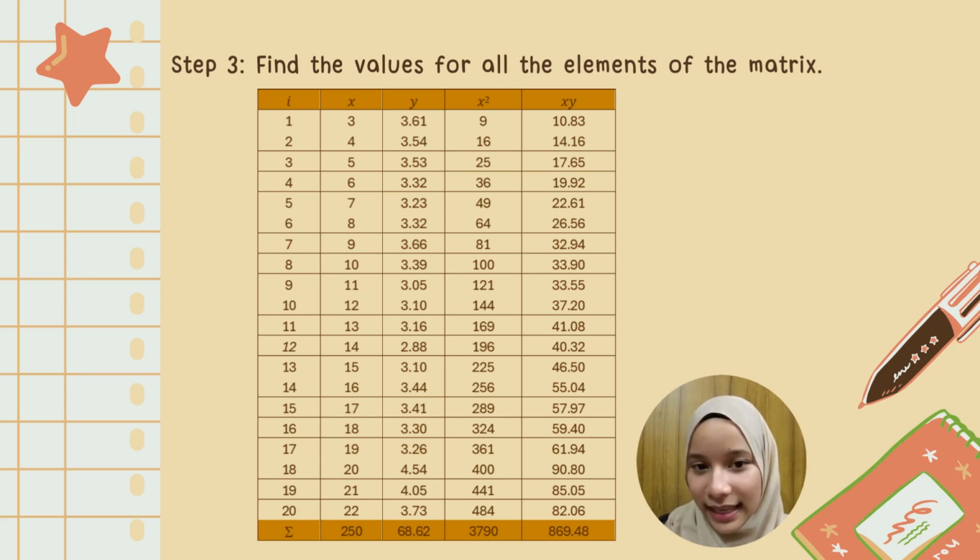Next, we use Excel to find the values for all the elements of the matrix. After calculating, we get the value for n equal to 20, sum of x equal to 250, sum of x squared is 3790, sum of y is 68.62, and sum of xy equal to 869.48.